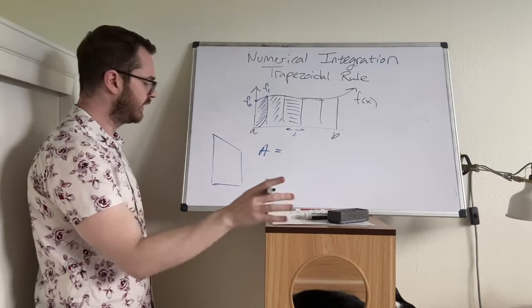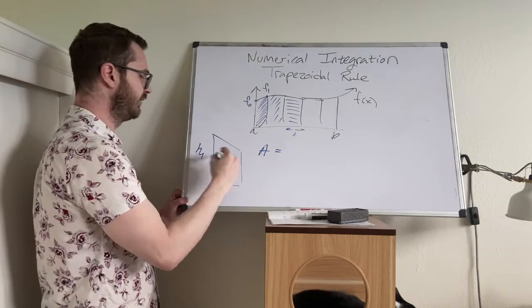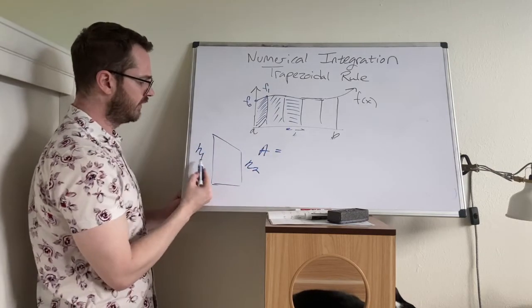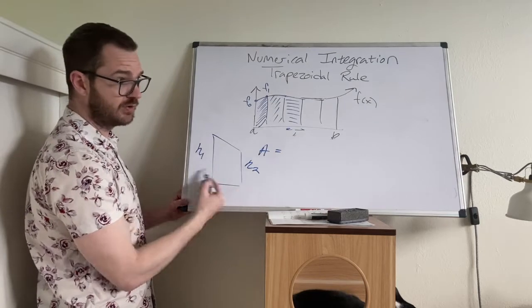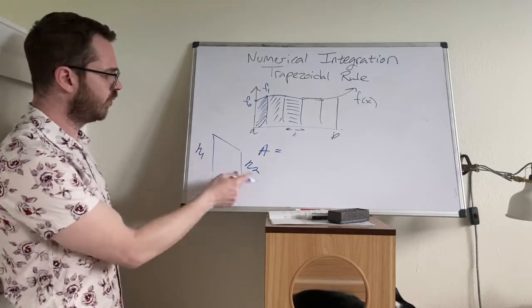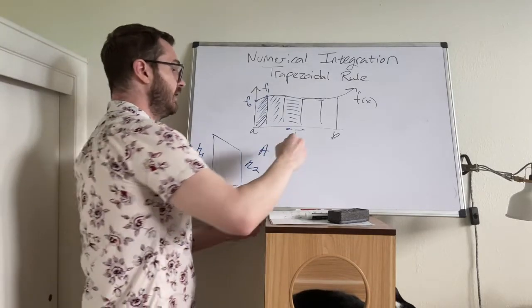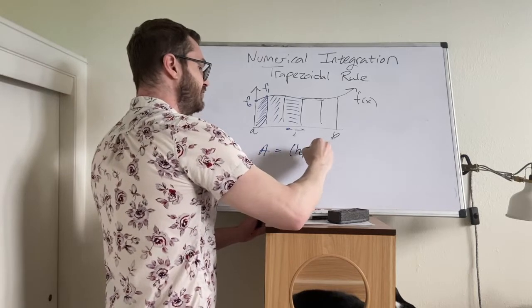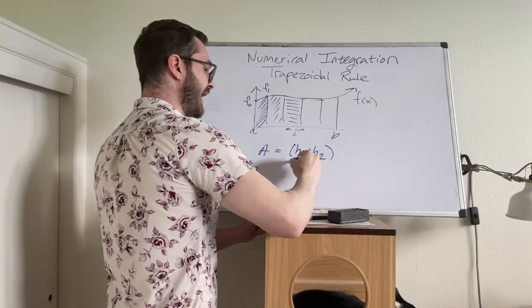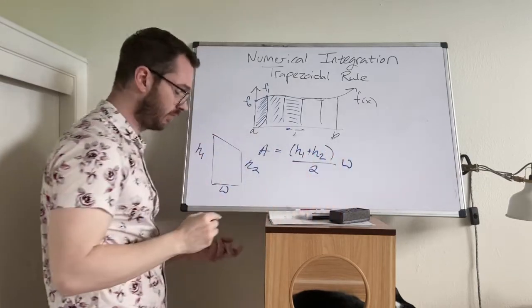So go back to your geometry class and find the equations for trapezoids. Notice you have H1 and H2. You have two different heights, and you have the width. So what is the area of a trapezoid? Well, you take the two heights, H1 and H2, and you average them, and you multiply by the width.